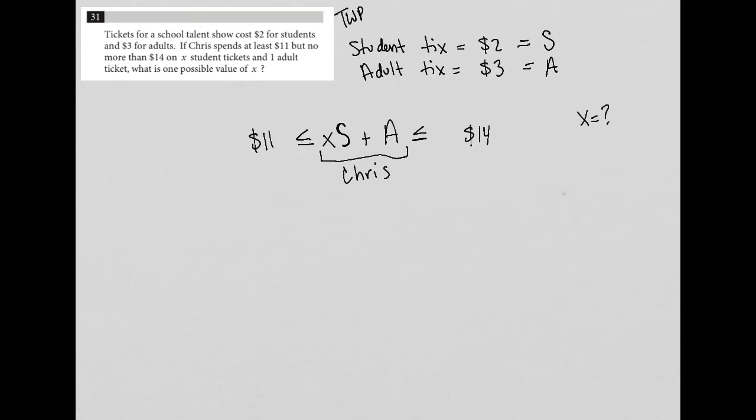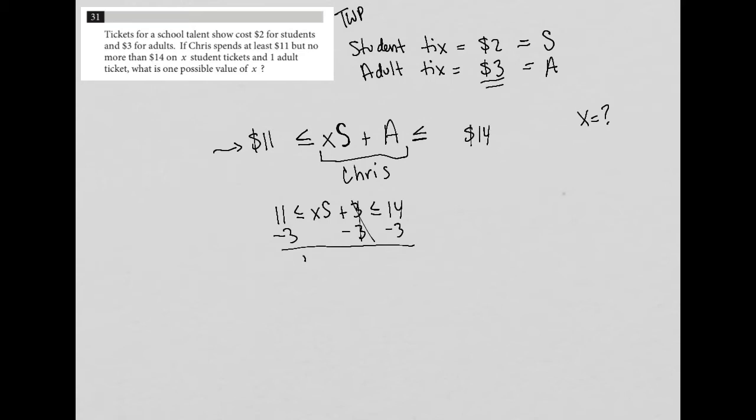So because this inequality has to do with money, and because I know that adult tickets cost $3, I could rewrite this as 11 less than or equal to xS plus 3 less than or equal to 14. I can then simplify this by subtracting 3 from each of these sides, because that's how you simplify a complex inequality. So the 3 is gone.